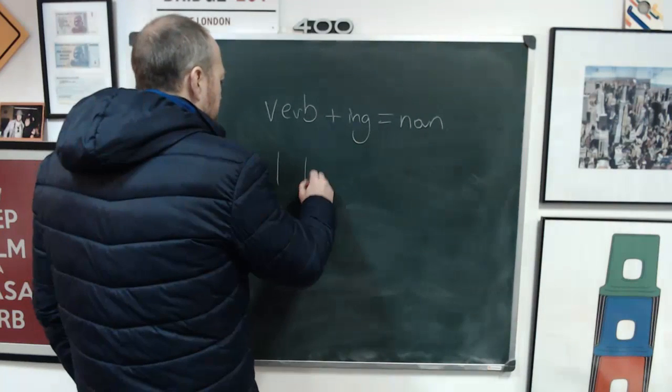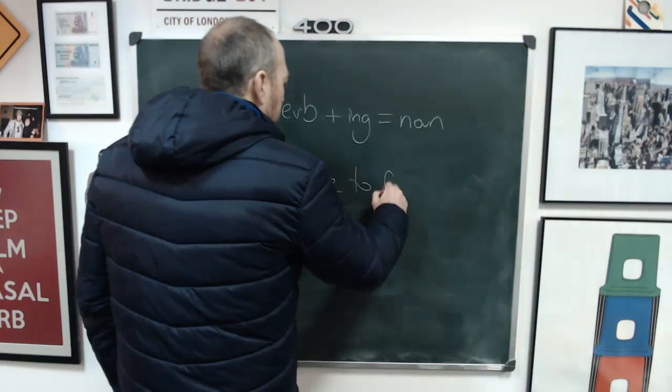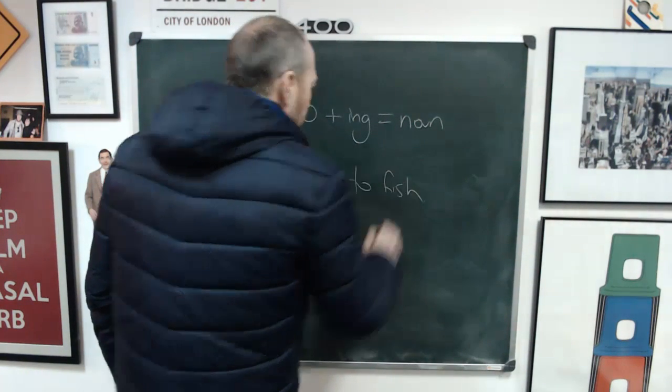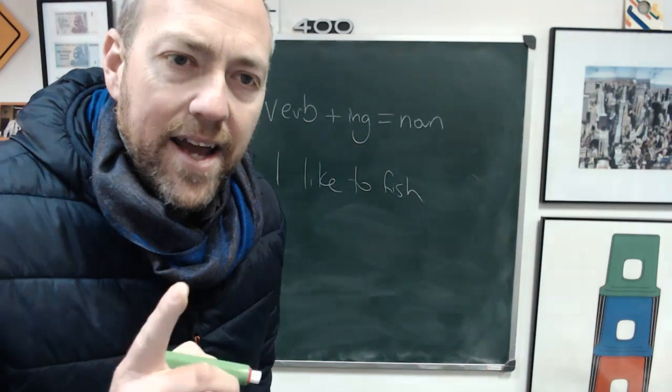Now, what is the difference between a verb and a noun? Well, a verb describes an action, a process, something that you do, okay? Like, for example, I like to fish.